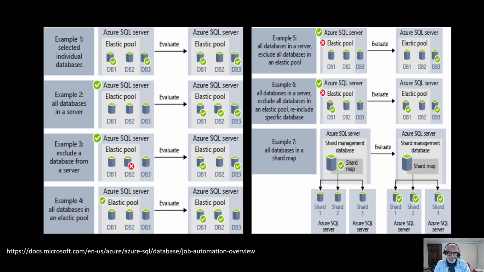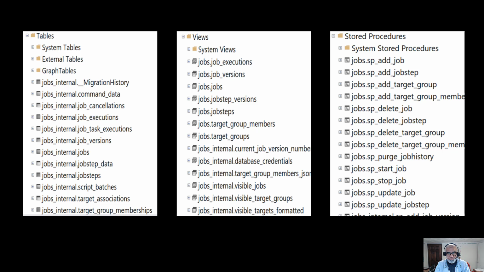So if you have a task that you want to run across all your Azure SQL databases, mostly for monitoring, for your target group, you add everything. But if there are particular databases that you want to exclude, you can do that. If you are using an elastic pool and you have a bunch of things there, you can just mention your pool name and things will run against all the Azure SQL databases in that pool.